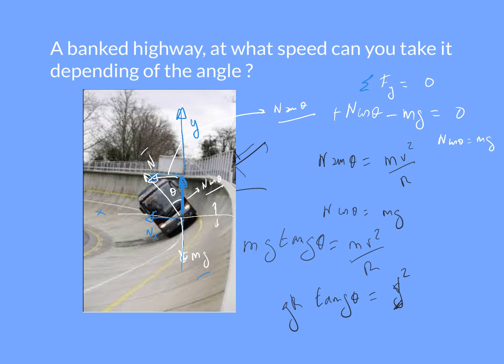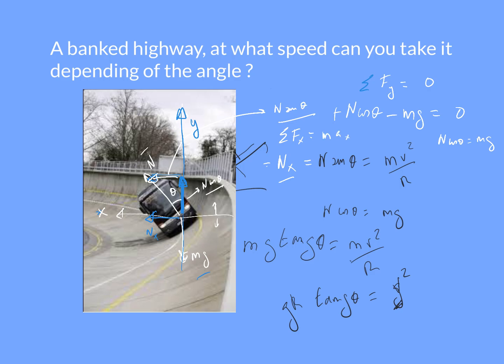Perfect. The other force is the force in the x direction. I will choose the positive direction in this direction, x positive. So the sum of all the forces in the x direction is the mass times the acceleration.